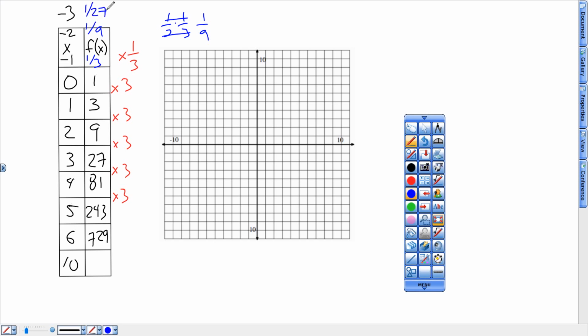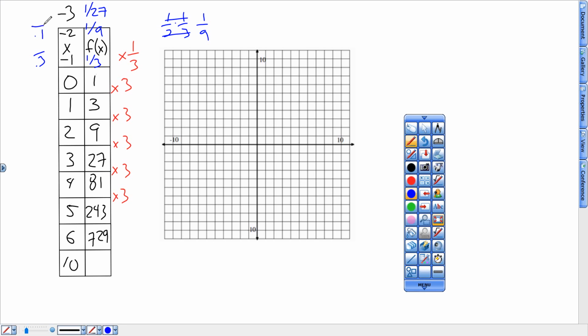That 1/9 times another third gives me 1/27. If I was to change those numbers to decimals, this is 0.3 repeating, 1 divided by 3. If I do 1 divided by 9, my calculator works. That gives me 0.1 repeating, so getting smaller.